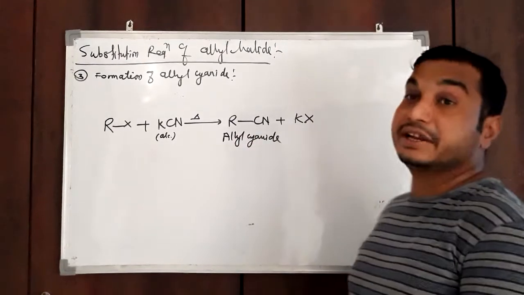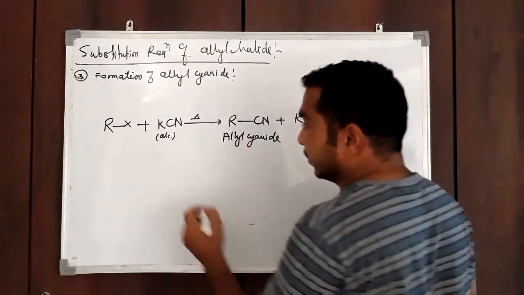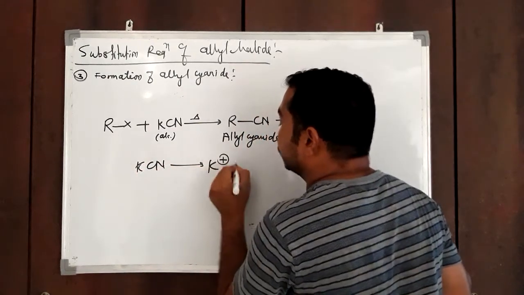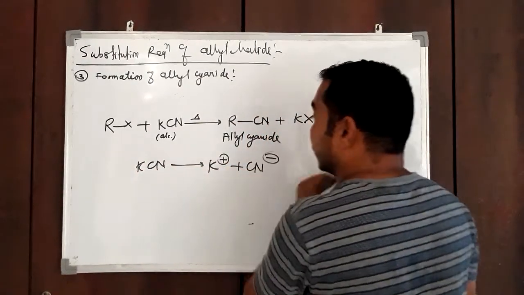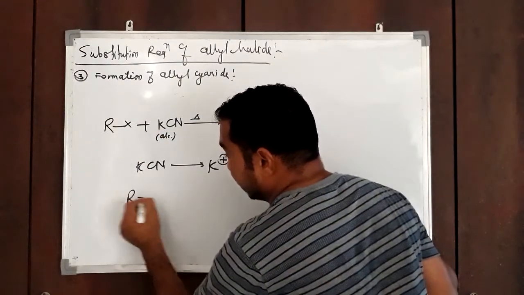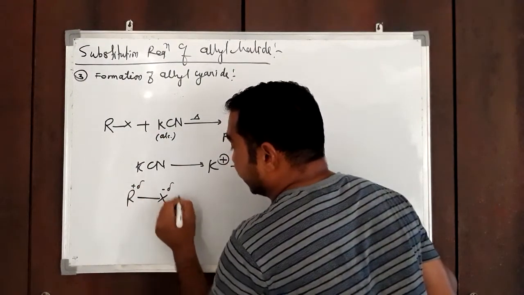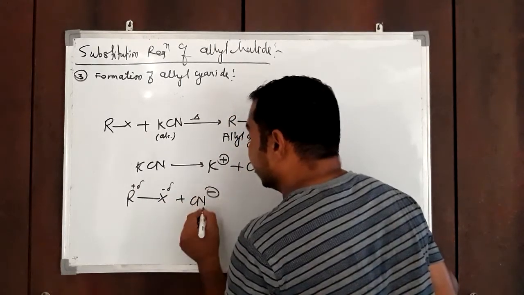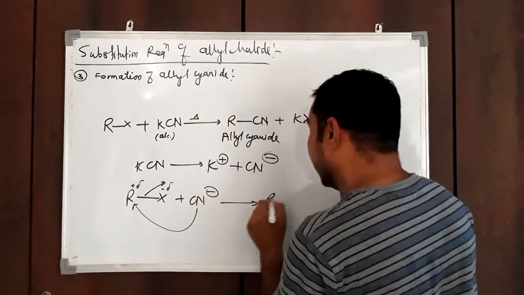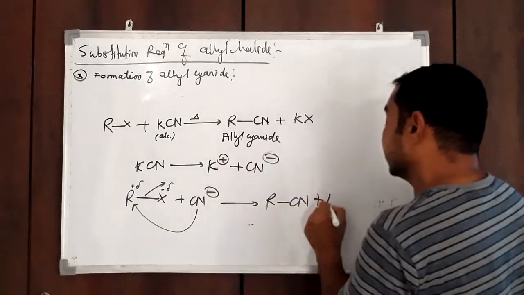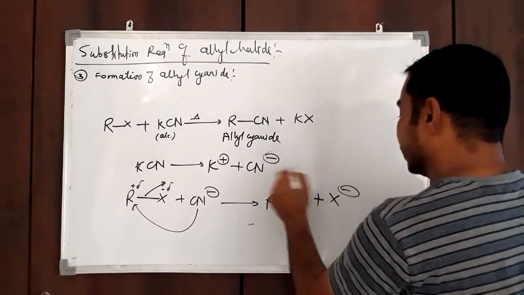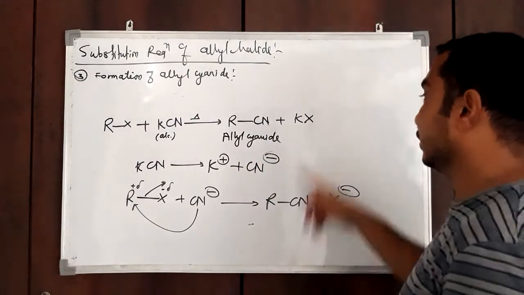It is also an SN reaction, because in KCN, K is positive and CN is negative. Then that CN, the cyanide ion, will attack the alkyl halide. That CN minus is a nucleophile and will replace the halogen atom, giving RCN plus K plus, X minus, and then X minus and K plus combine to give KX.